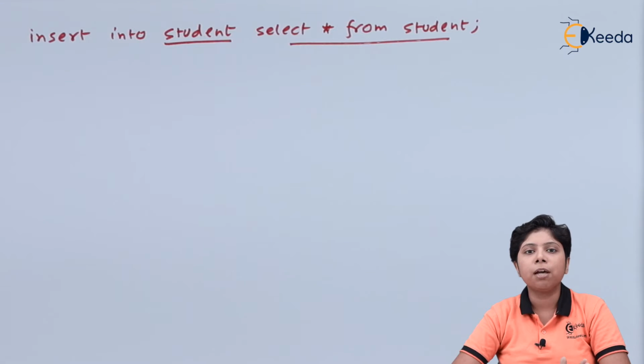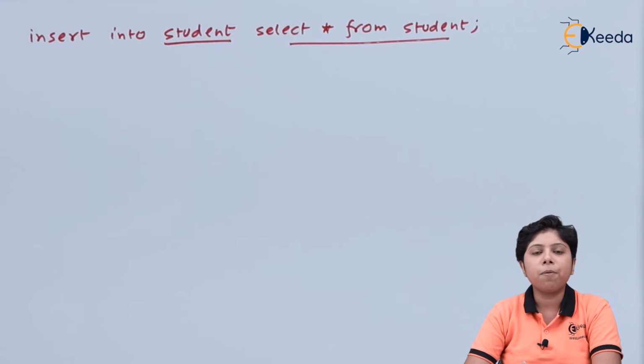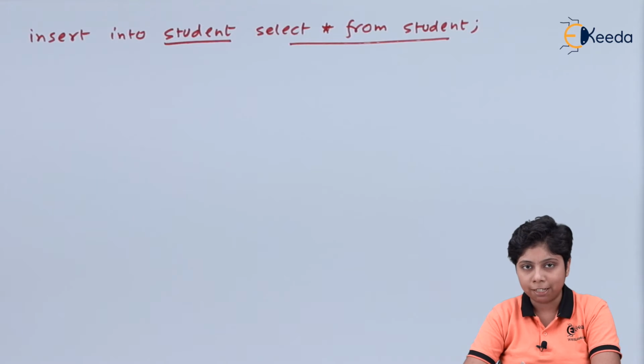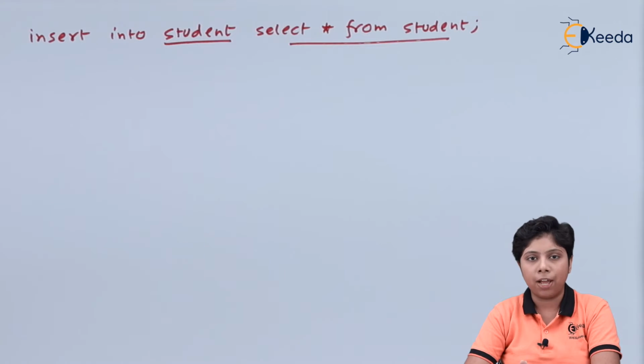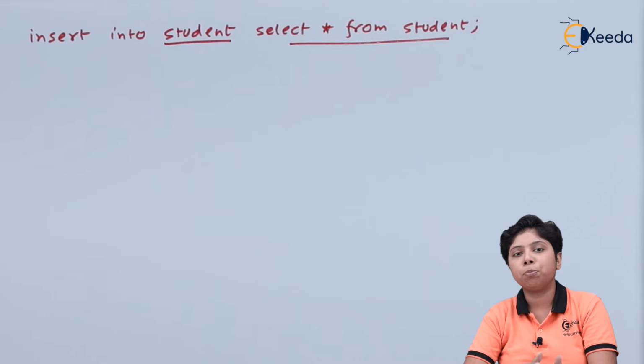Now I will put some clauses and make it complex by inserting the values in the relation. The first type of complexity that we can put in an insert statement is putting a null value. If the attribute allows a null value, then while putting it we can use the word null to keep it null.